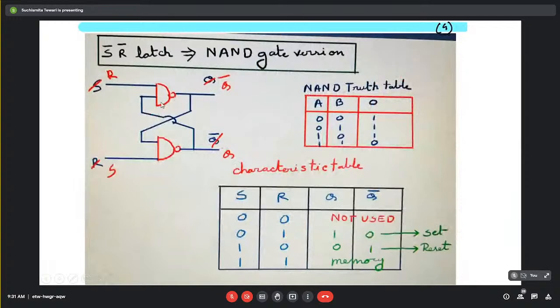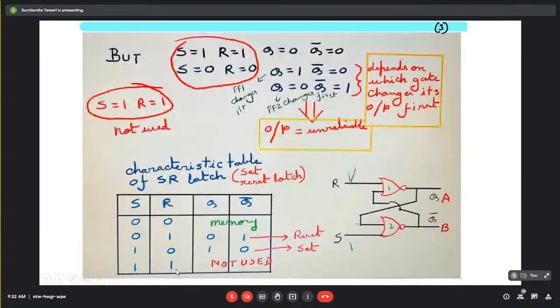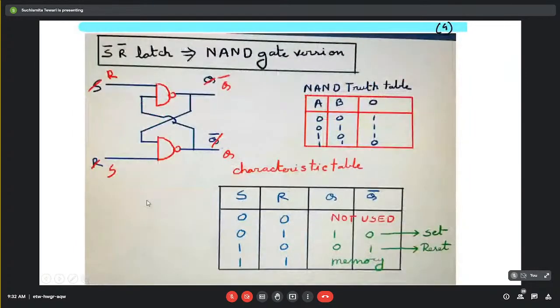Now in the case of the NAND gate based latch, the nomenclature is this. Why? This gives the complementary result. If this is S and this is R, and I put 0 0 here, it becomes a non-used condition, equivalent to the 1 1 condition in the NOR gate based latch.